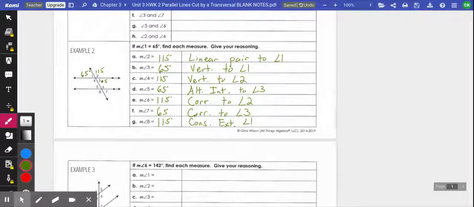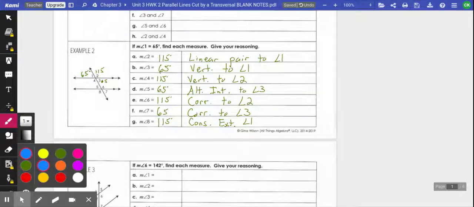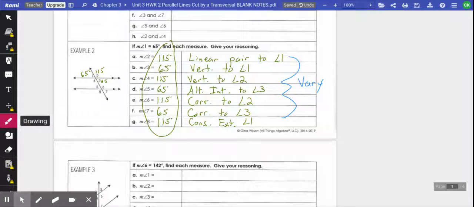Okay. So again, these parts right here, the numbers, everyone should be getting those. Those don't change. It's this part right here that the reasons can vary based on how you saw the picture yourself.